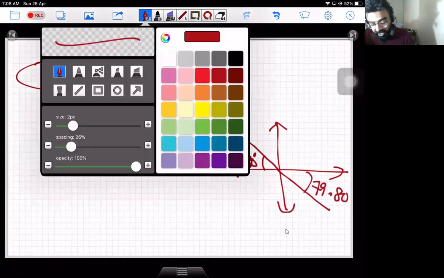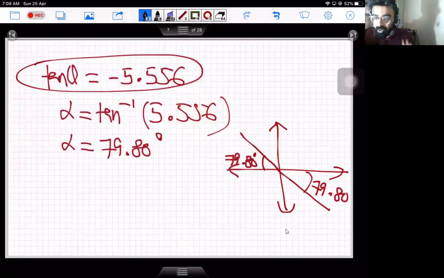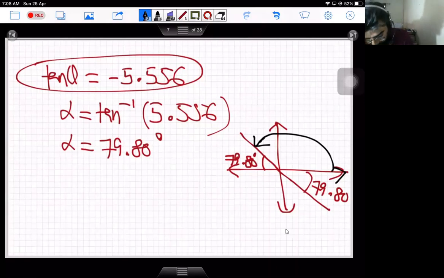Now, in order to find the angle, since your range is positive, you go anti-clockwise from the horizontal axis till the slant line. Wherever the slant line forms, up to there you measure the angle.